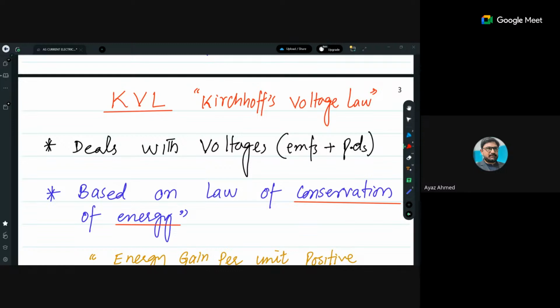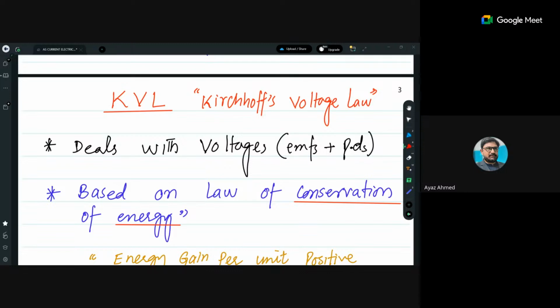So I can say that this law is based on the conservation of energy, because EMF, the voltage source, is the source of electrical energy, and potential difference, the load, is that setup which is used to consume the electrical energy or convert it into something else.